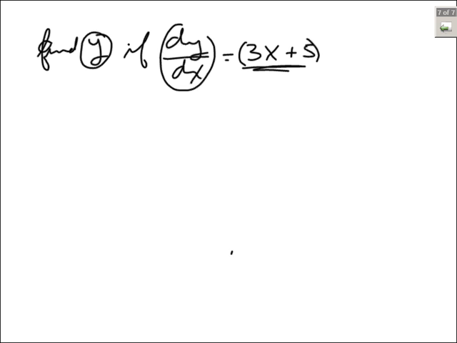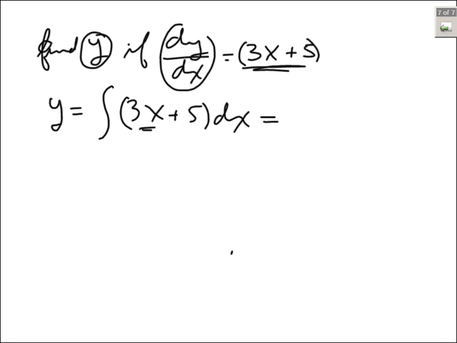The answer is y is equal to the antiderivative of 3x plus 5 in terms of x, dx. So I solved that. There's an understood 1 here. The constant 3 stays. Take the antiderivative of this, the antiderivative of that, then add them. Make the power 1 more, divided by that same power.